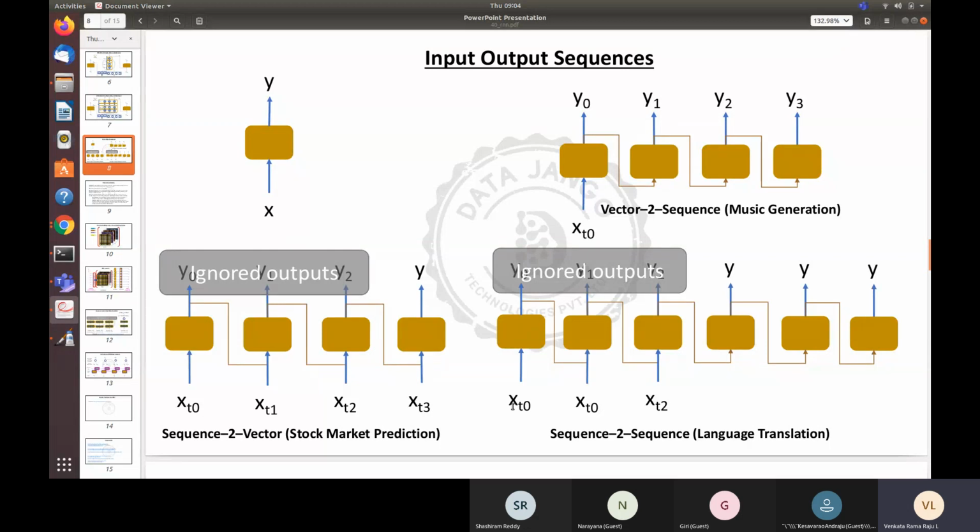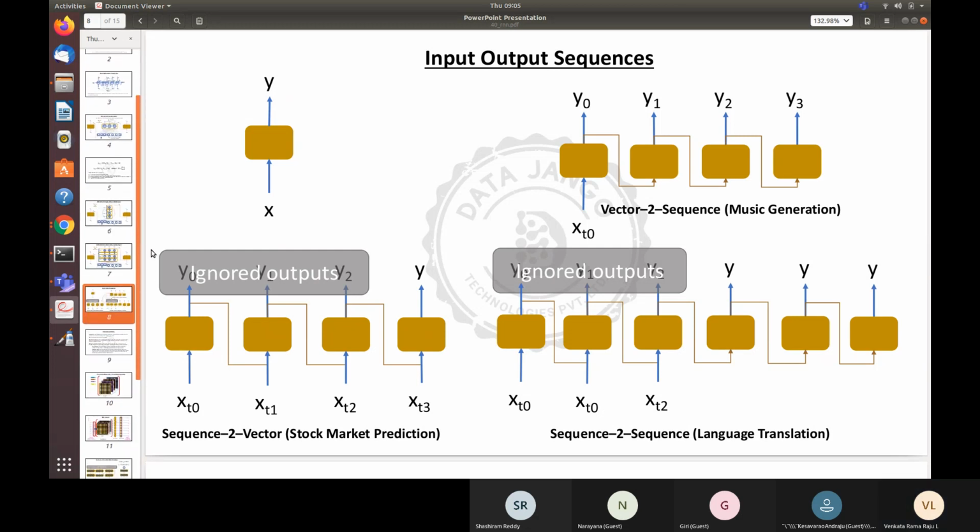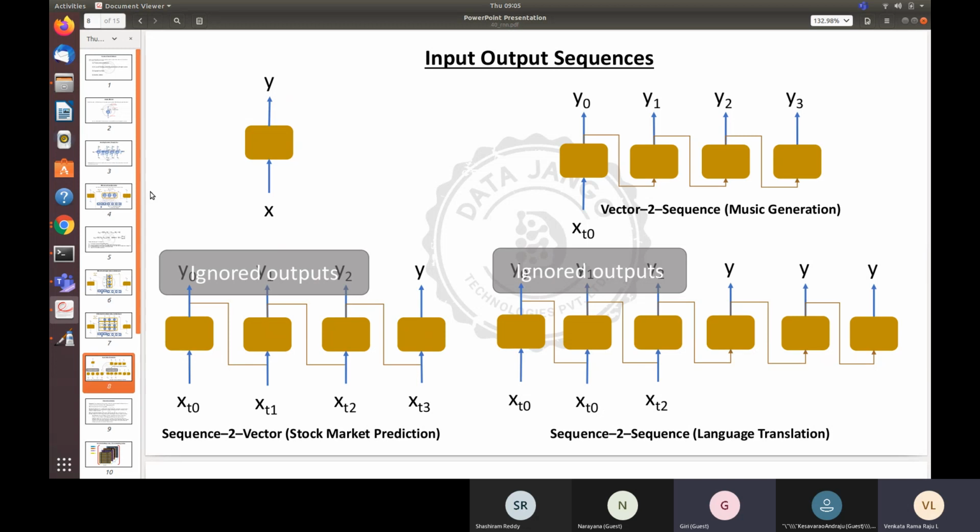This is language translation. You send English, you generate Spanish. The Spanish sentence is dependent on the English sentence. The sequence is generating a sequence. So RNN is special in that way. You can actually do one-to-one, many-to-one, one-to-many, or many-to-many networks.